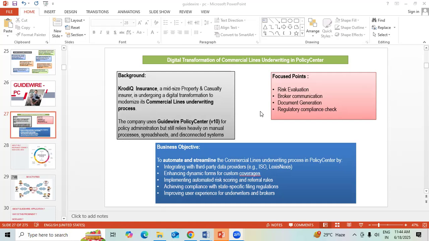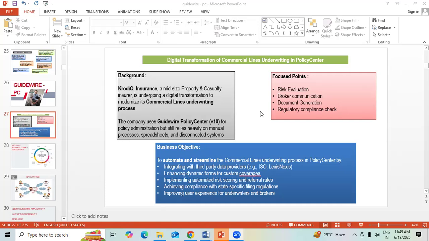Earlier they were in the manual stage, now they are planning to move to an automated state, where they want to integrate with some third-party data providers, something like ISO or LexisNexis. At the same time, they want to enhance dynamic forms for custom coverages, policy coverages I am referring to, along with implementing some automated tasks.